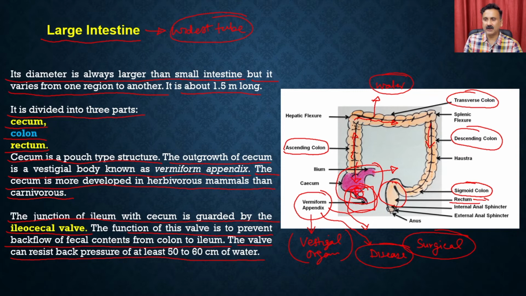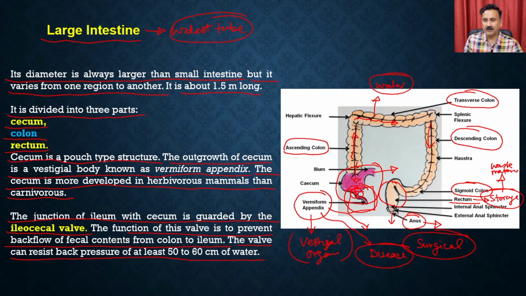So, rectum serves as a storage organ for the feces or the waste material, and then the last portion of this rectum opens outside in the form of the anus. So, anus is a hole on the body which is used for excreting out the feces.